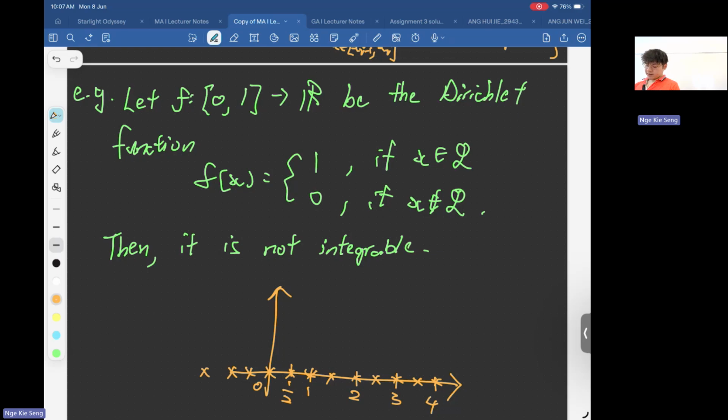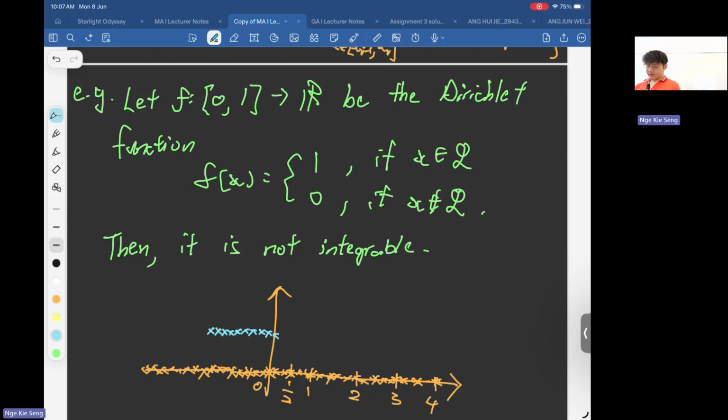But then we learned that the irrational numbers are dense, and both of them are dense. So you also find 1 in between every two 0s. So actually both above and below almost form two lines inside your graph here. Almost.